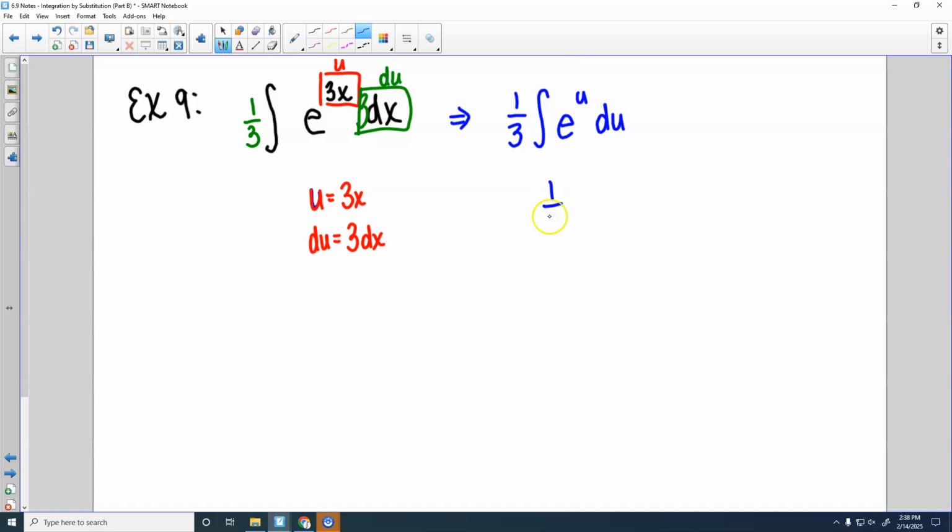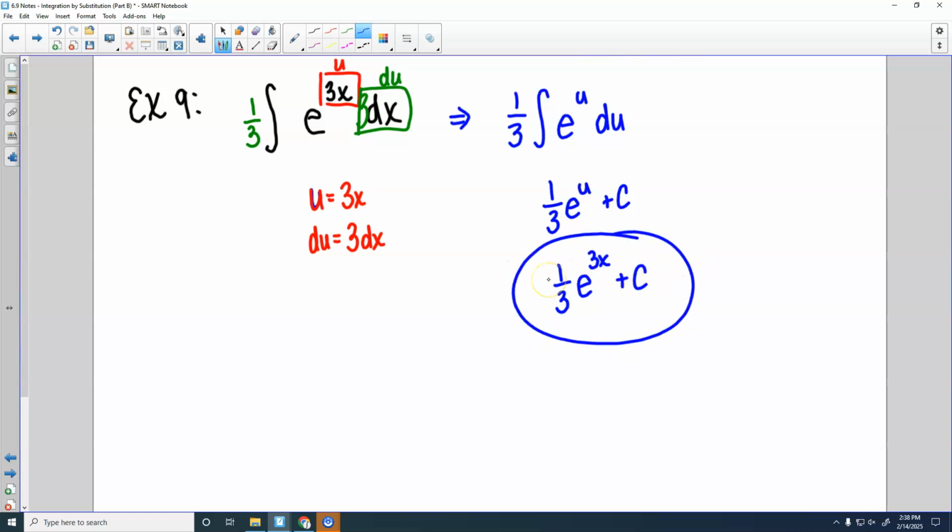It stays the same. 1/3 e to the u plus c. You're going to plug 3x back in for your u. So 1/3 e to the 3x plus c would be your answer. The exponent is almost always your u in these cases.